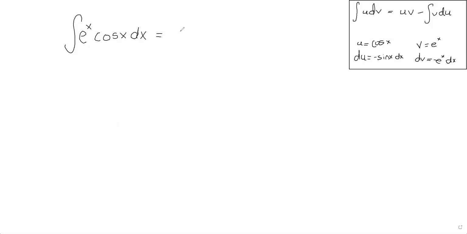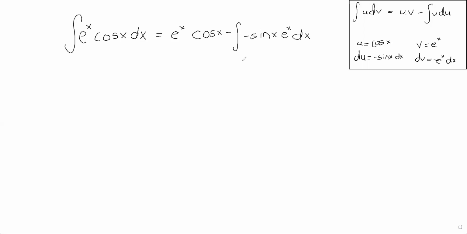So this is going to be u times v minus the integral of v times du. I'm going to put the negative sine of x first for simplicity reasons. So that's going to be v times du. We're going to have an e to the x, and we're going to have a negative sine of x.